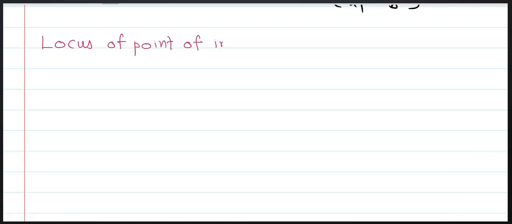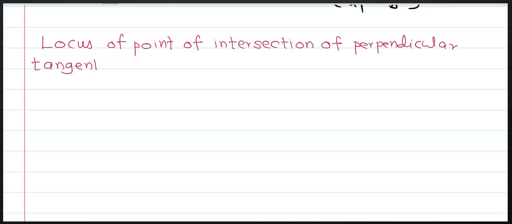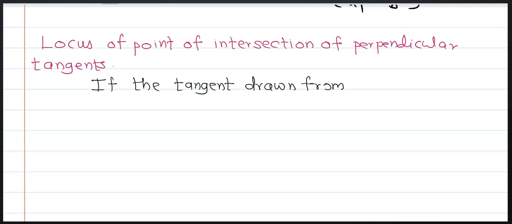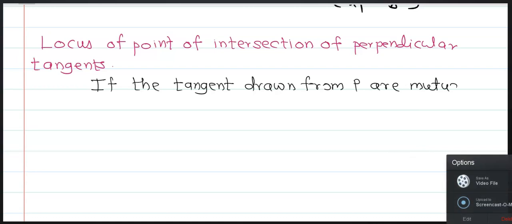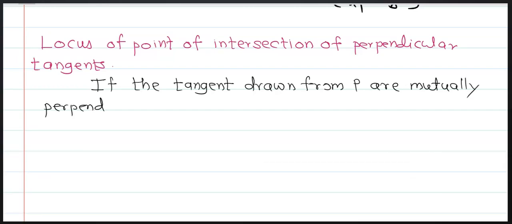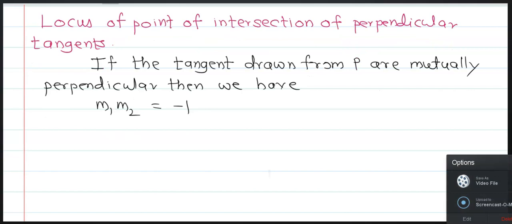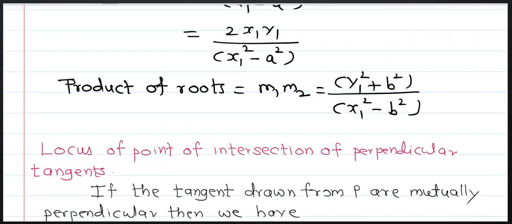Locus of point of intersection of perpendicular tangents. If the tangents drawn from P are mutually perpendicular, then we have m1 into m2 is equal to minus 1, that is the product of the slopes is minus 1.